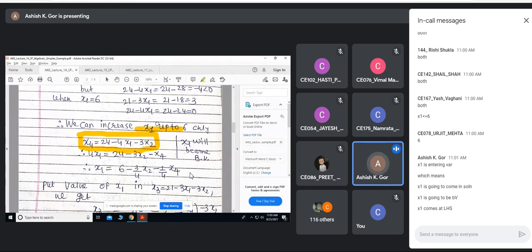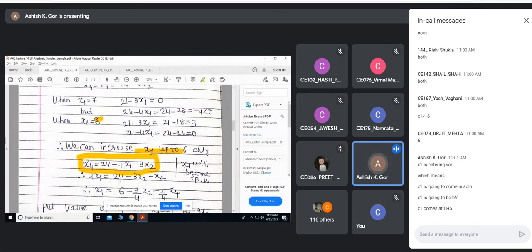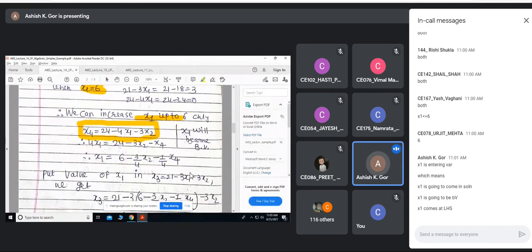So that equation I select, and I found that x1 can be increased up to 6. So I want to make x1 basic. Whatever I want to be basic, I make it on the left hand side. So I take this 4x1 on this side and the rest of the terms on the other side. So it becomes 4x1 is equal to 24 minus 3x2 minus x4.